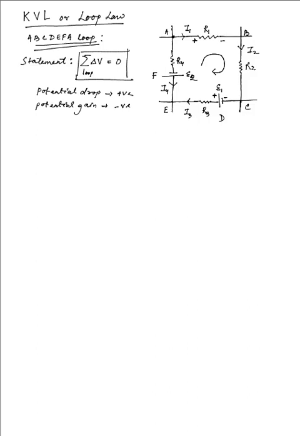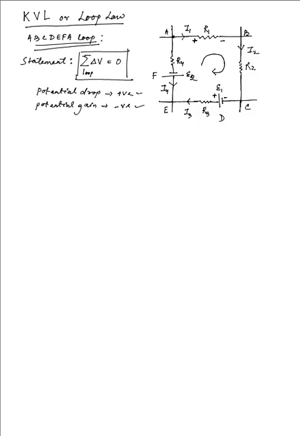So when we are moving from C towards D, we are moving from the lower potential, the smaller bar, towards the higher potential. So there is a gain in potential in that case, and that gain is what we have taken to be negative.